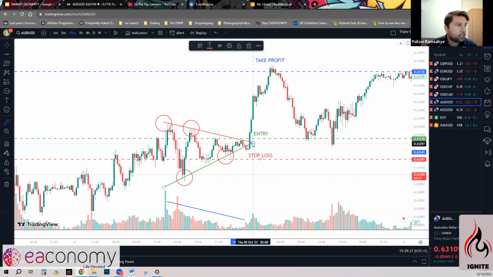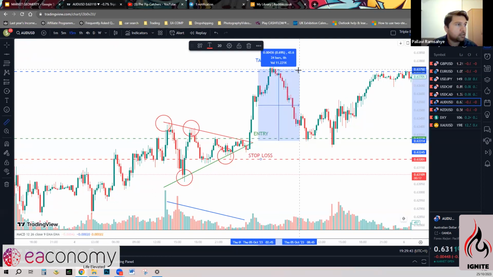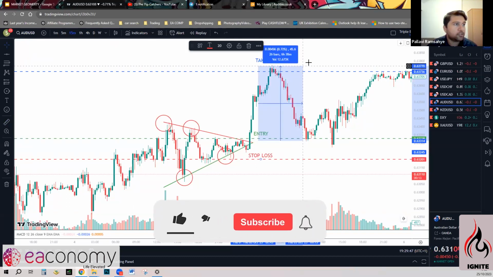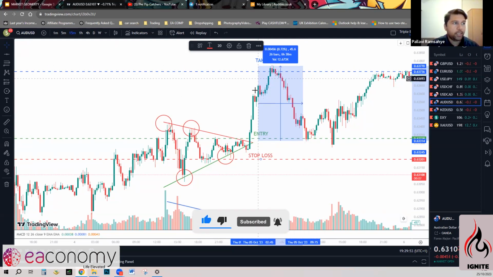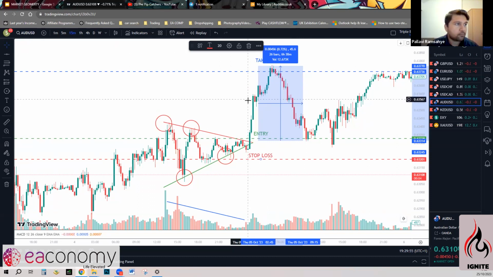Let me just measure that out. So let's say the breakout was from this point here. You could get an extra 5 pips on that. At this point, let's say we got to 20 pips in.